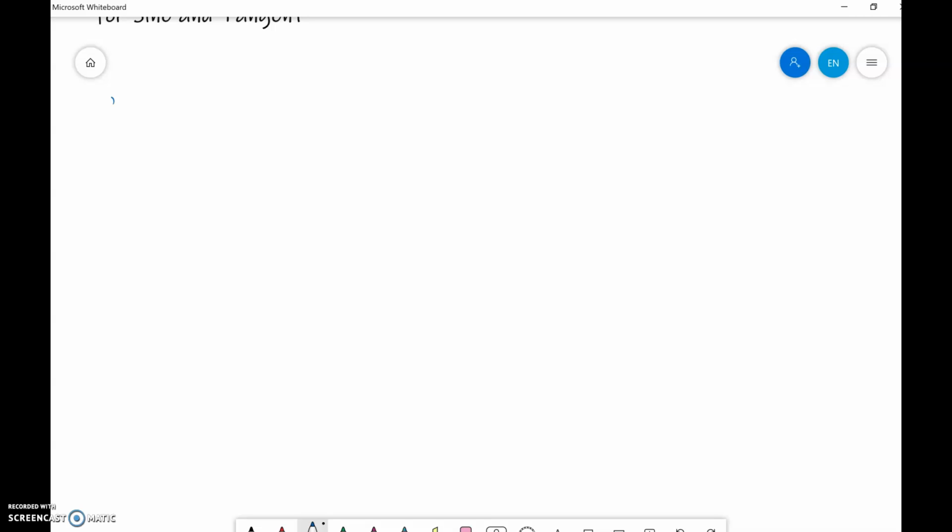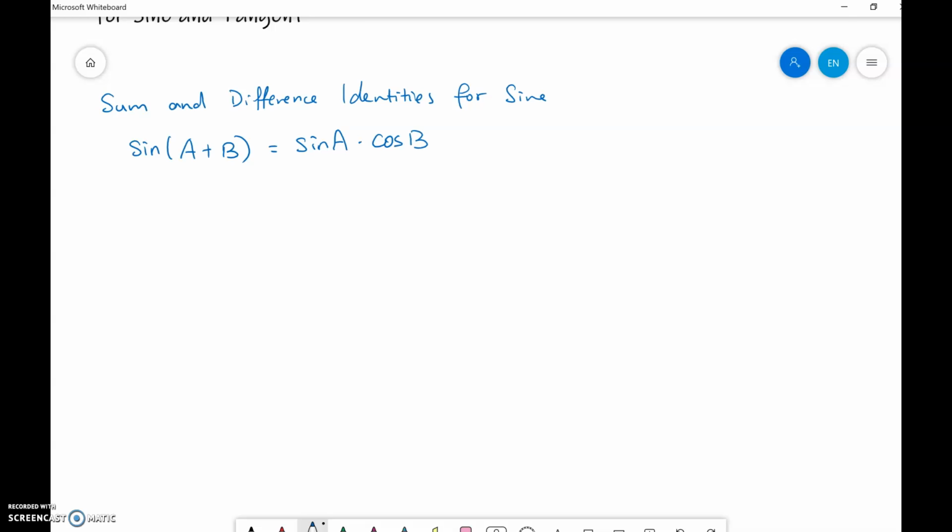So for the sine sum and difference identities, sine of a plus b equals sine of a multiplied by cosine of b plus cosine of a multiplied by sine of b.